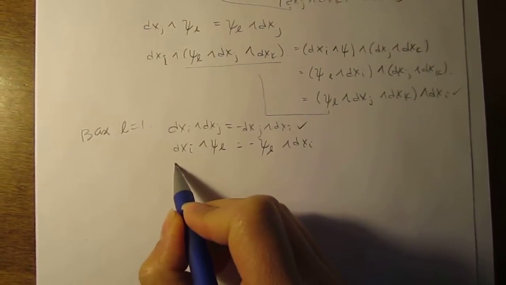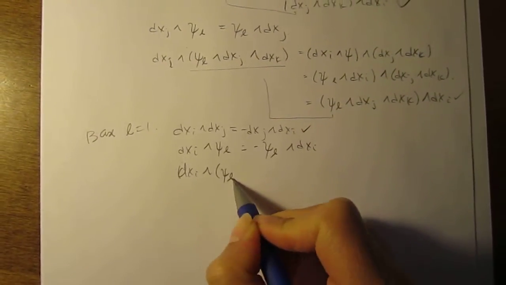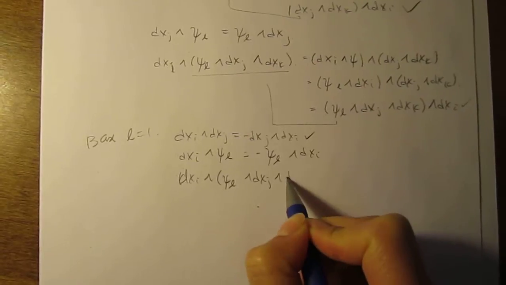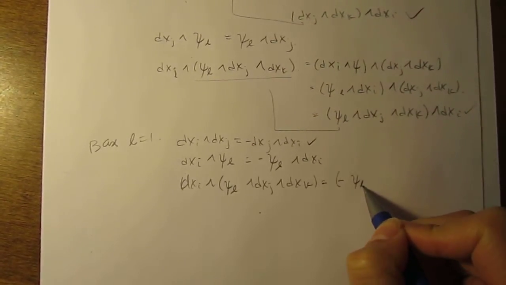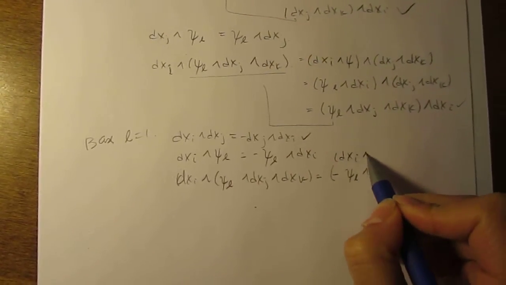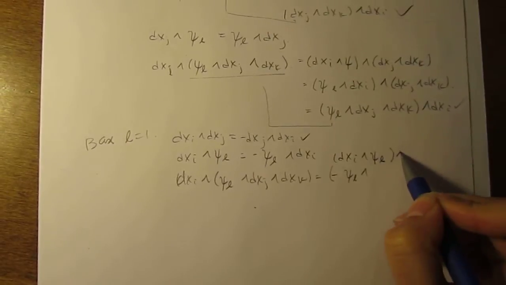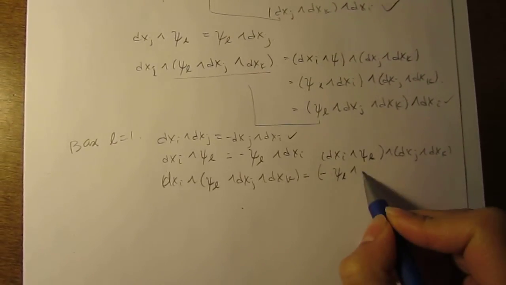This can be rewritten as dxi wedge, rearrange, and based on our base case we could do dxj wedge dxk. So this is by the associative law.